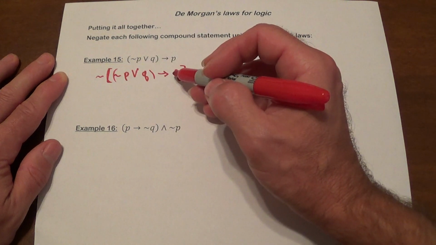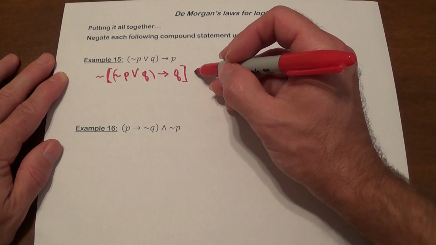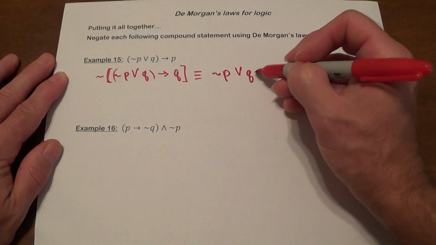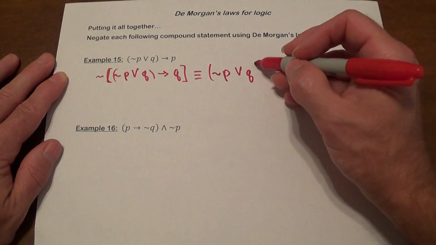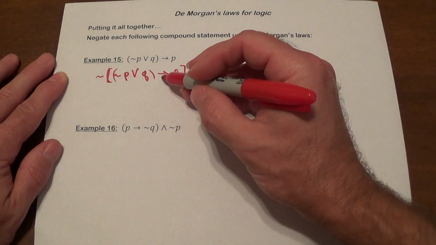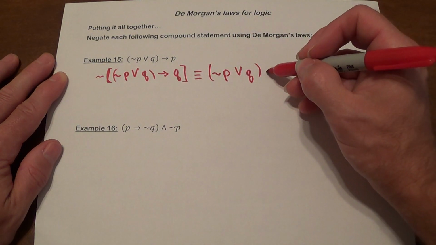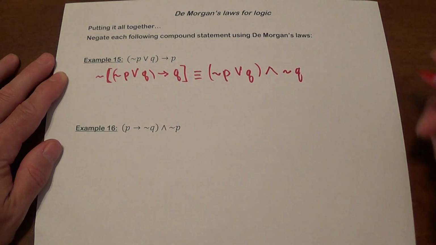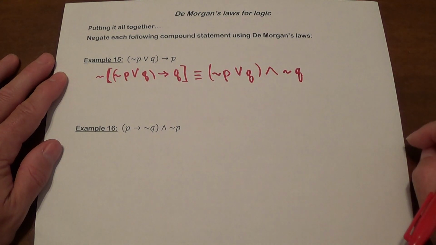When you negate the conditional statement, you keep the first one, which means it's going to be not P and Q, I'm sorry, or Q. And this is going to change to and, we negate Q. And that's the answer.